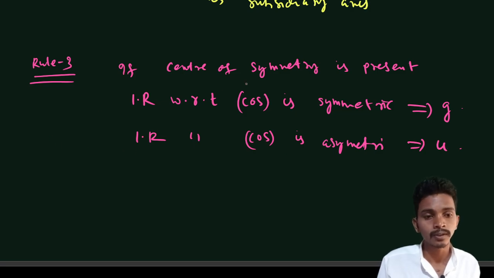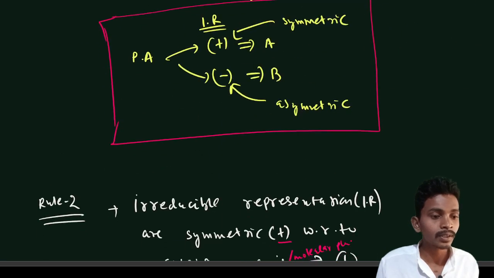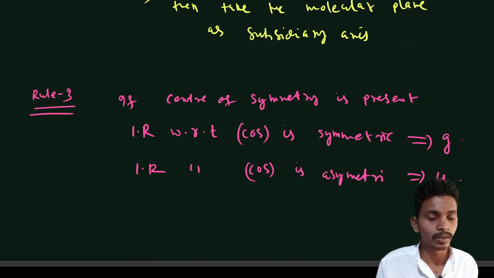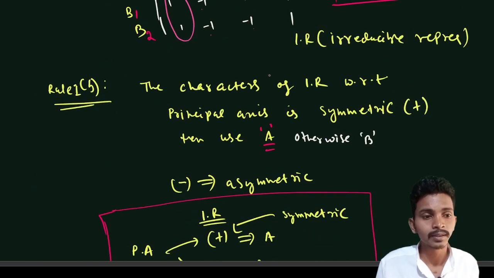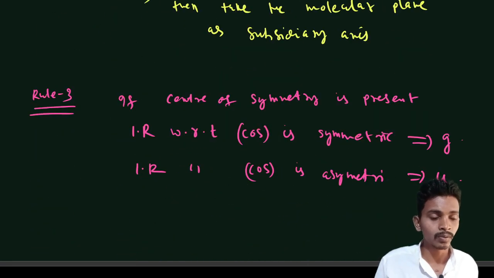Okay, so if the center of symmetry is present, then for the irreducible representation, if it is positive with respect to I, then G will come, if negative, then U will come. Okay, so for our case that is not there, so we will discuss the examples.